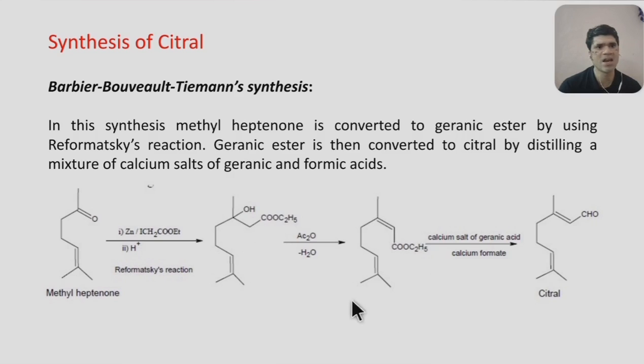This is geranic ester. When this geranic ester is treated with calcium salt, hydrolysis takes place followed by dehydration to give citral. So this is the synthesis of citral: Reformatsky reaction, followed by dehydration, followed by hydrolysis and dehydration to get citral.